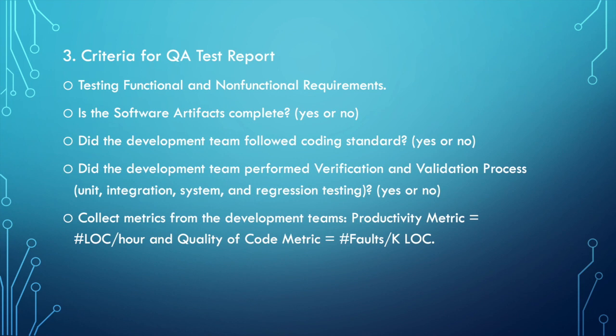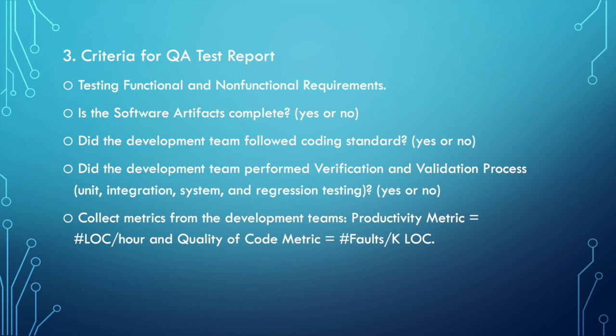And the last one is, did the development team collect metrics from the development teams? Did you gather the productivity metric? What's the number of LOC, lines of code, that you produce per hour? This is for the entire team combined, over the entire team of coding plus design plus debugging.